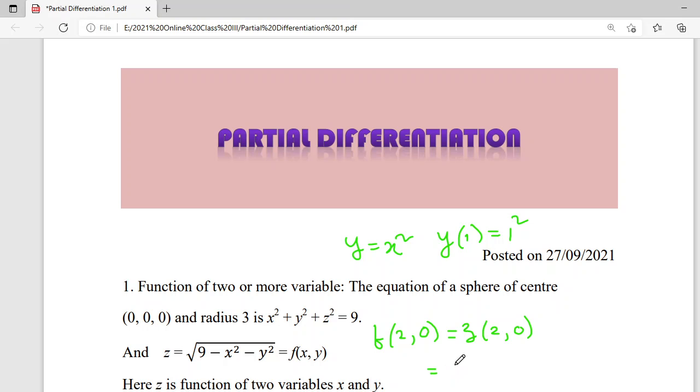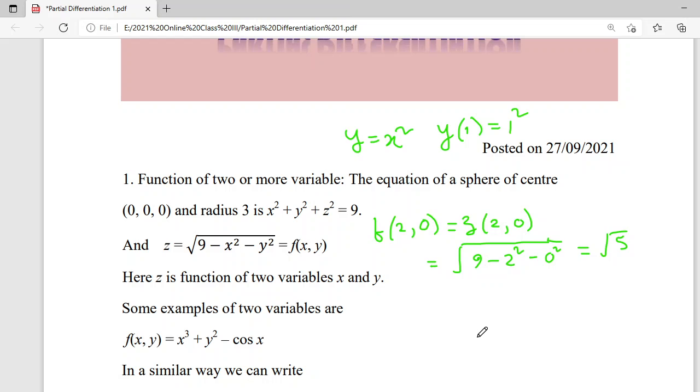So for the first coordinate we write 9 minus, in place of x we write 2 square, and minus 0 square. So the value is this. In this way we find the value. So it is root over 5. So this is a function of more than one variable.